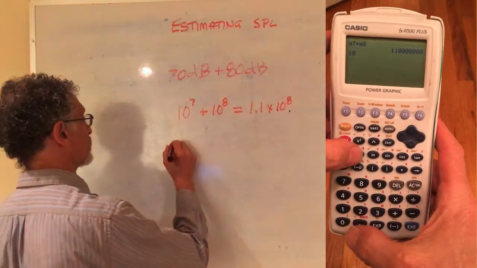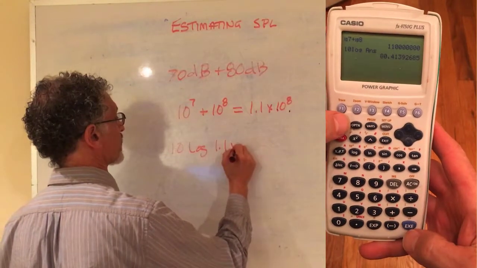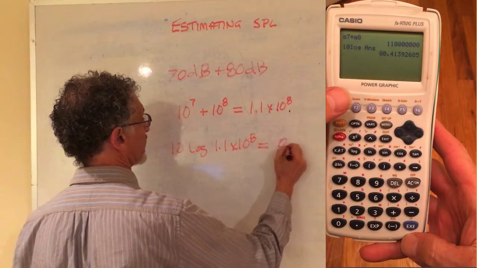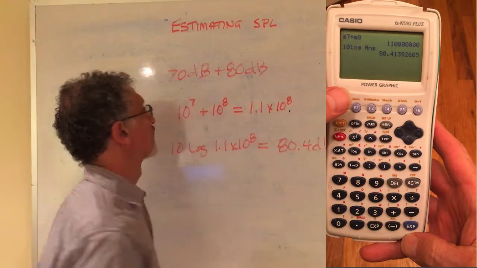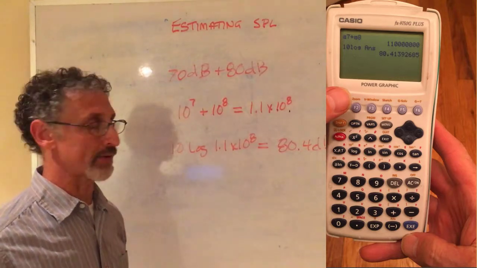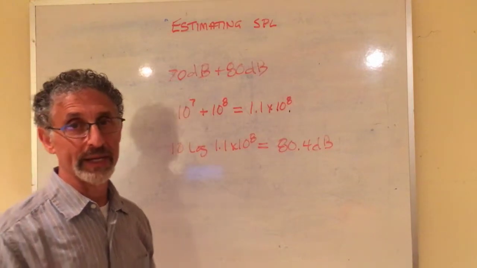So then we need to do 10 times the log of 1.1 times 10 to the 8th. And that gives us 80.4 dB. So when we add 80 and 70 dB together, it only adds 0.4 of a dB.